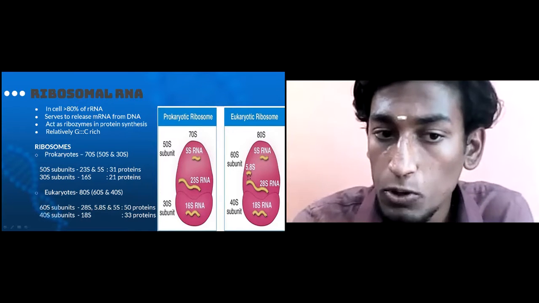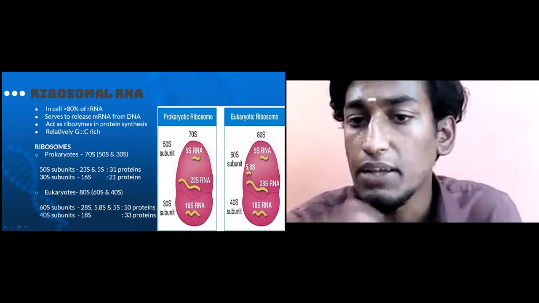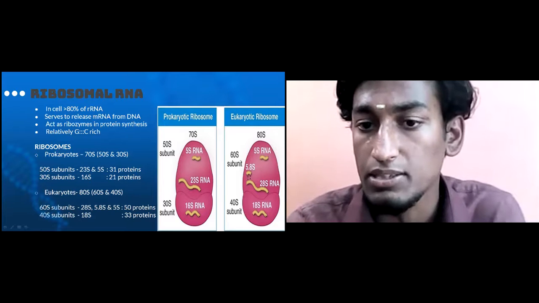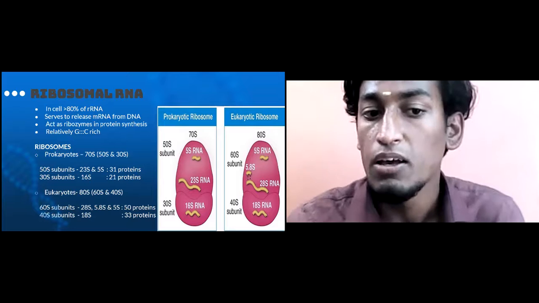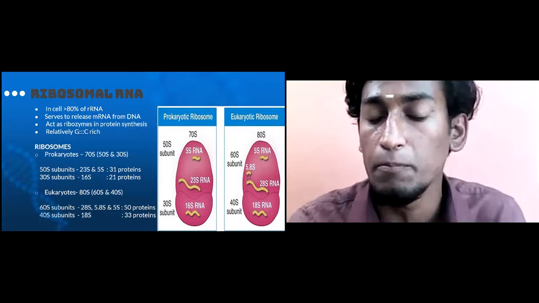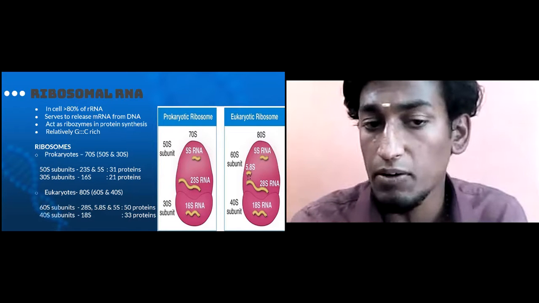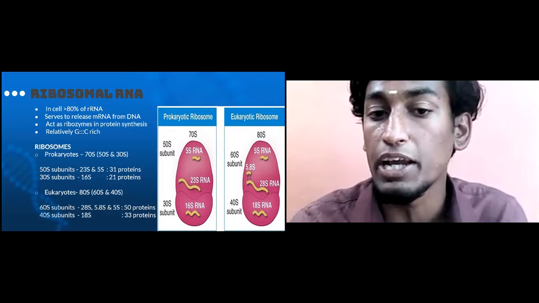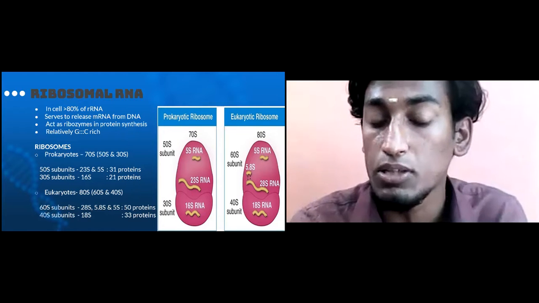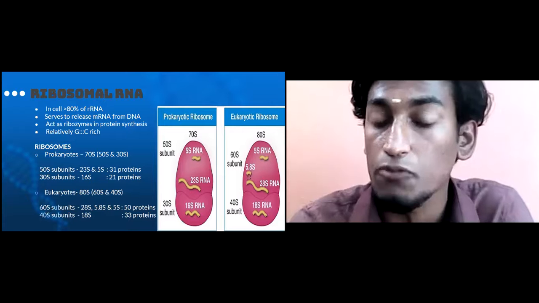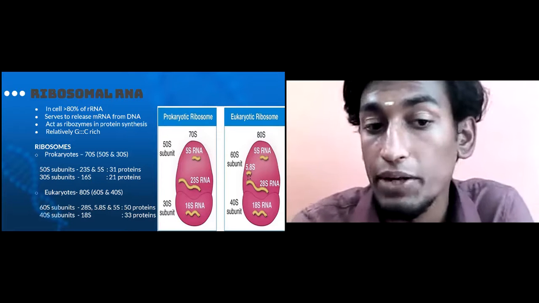ribosome. The prokaryotic ribosome consists of a 70S structure, which is divided into two structures, a 50S and a 30S. This 50S is then divided further into 23S and 5S, which consist of 31 proteins. And the 30S subunit consists of 16S, which consists of 21 proteins.